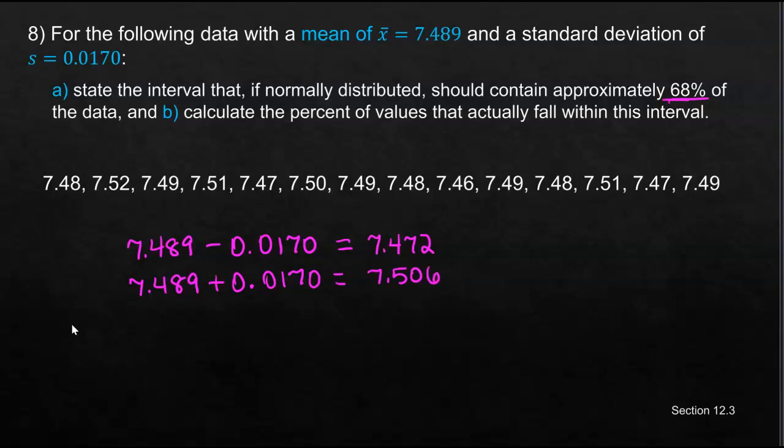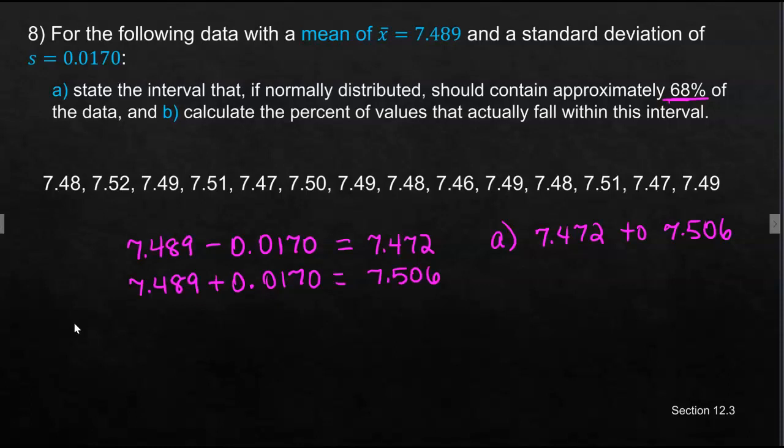Now we're going to find the numbers that fall in this range here in our data set up here. Oh, we have to know how many numbers there are. Oh, there's 14 of them. 1, 2, 3, 4, 5, 6, 7, 8, 9, 10, 11, 12. Yeah, 14. Okay. So it has to be between these numbers, right?